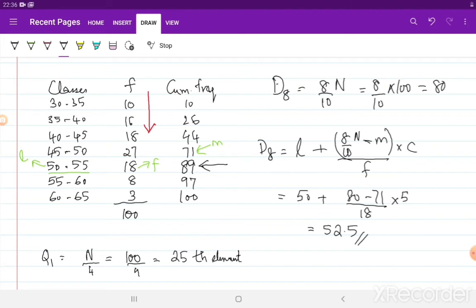So similarly, you can find the partition value of any decile that you have been asked. Just remember, deciles are those values which will divide the total observations or the total area under the frequency curve into 10 equal portions.